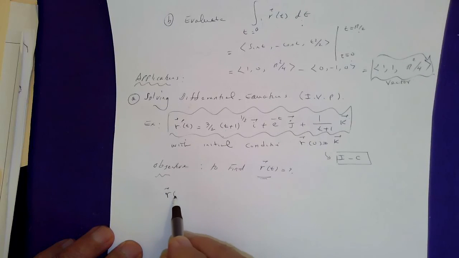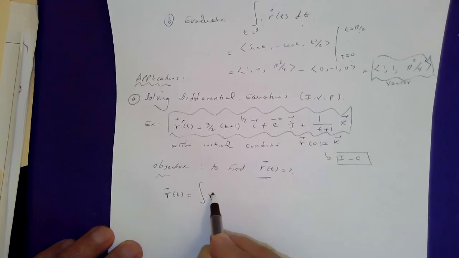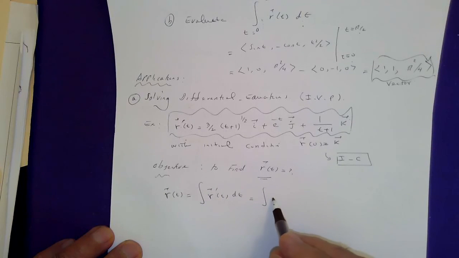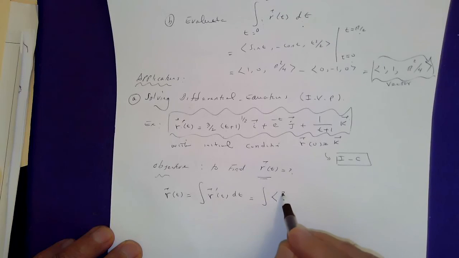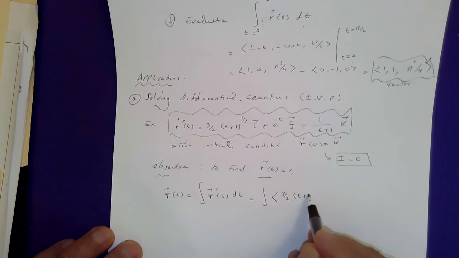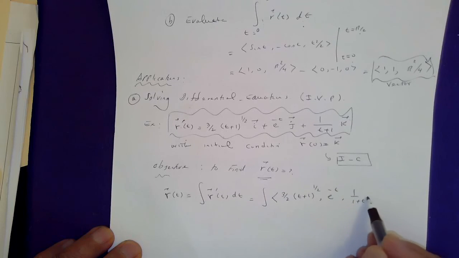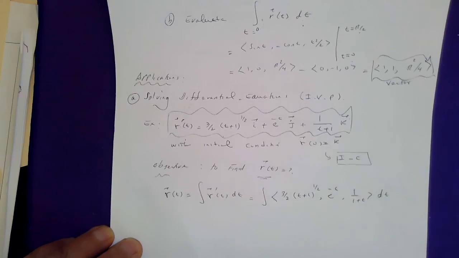So to find r, all I have to do is take the antiderivative of r prime with respect to t, of course, which happens to be the antiderivative of (3/2)(t plus 1) to the power of 1/2, e to the power of negative t, 1 over 1 plus t, dt.